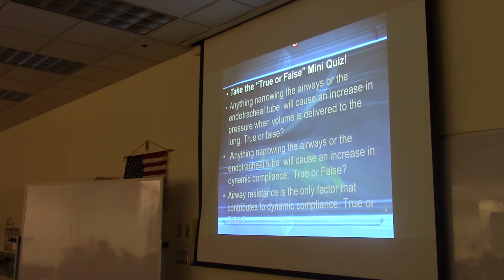More resistance, more pressure to get the air in. Next bullet, anything narrowing the airways or the endotracheal tube will cause an increase in dynamic compliance. Yeah, that's false because as the pressure goes up, the compliance value will go down.